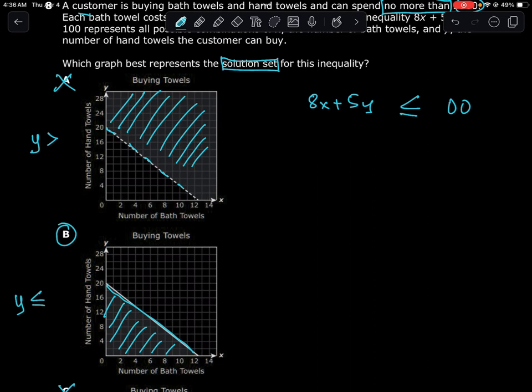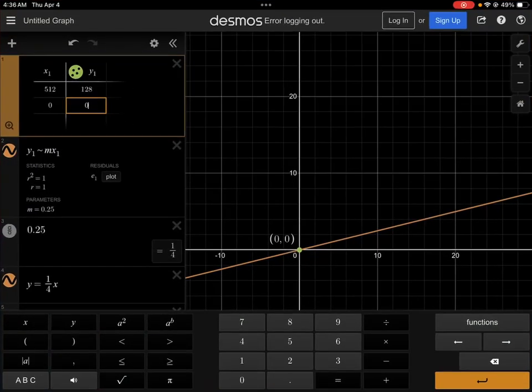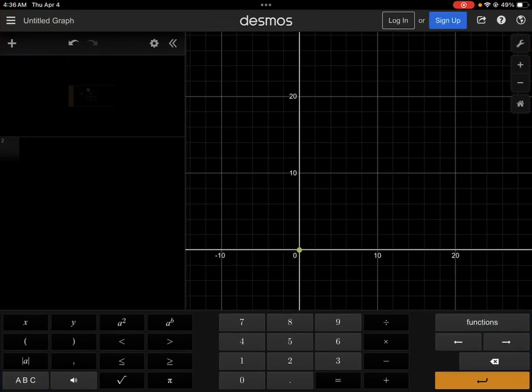Now, there could be a question where there are 2 answers remaining, like I can only eliminate 2 out of 4. What would I do in this case? In this case, I would go to the graphing calculator and I would have to graph it.